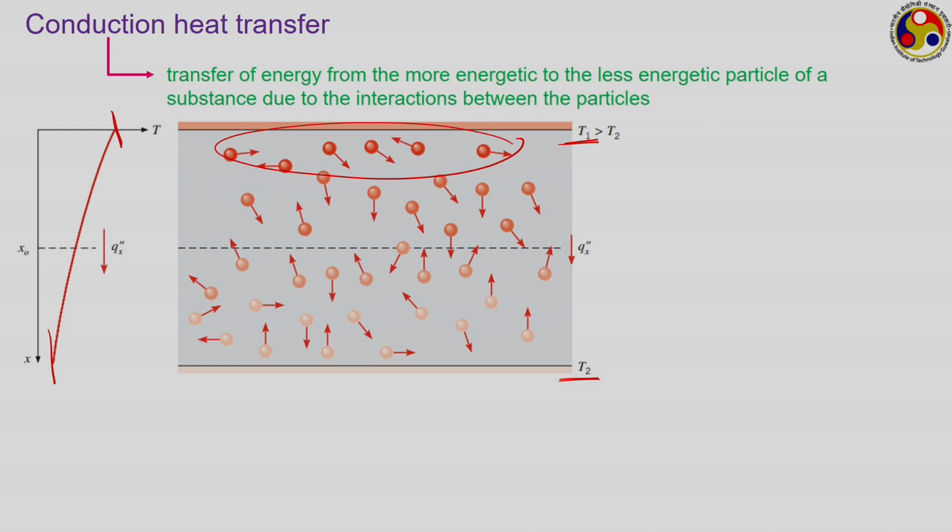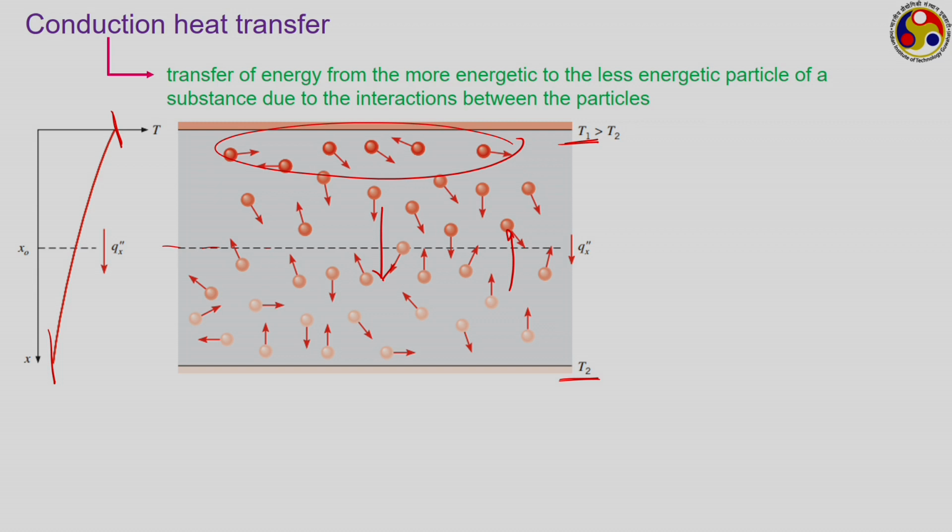There is a second one also. If we take any plane within this domain, like the black dotted line shown here, because of the higher energy content of the particles or molecules above this dotted line compared to the molecules below it, the number of particles crossing this line from top to bottom will be higher compared to the number crossing from bottom to top.